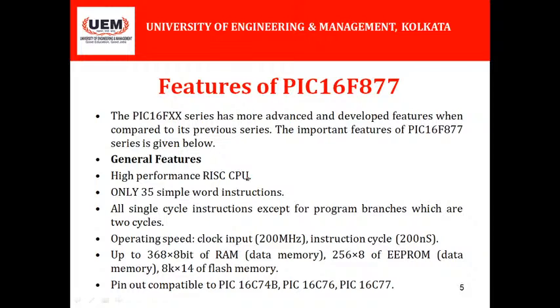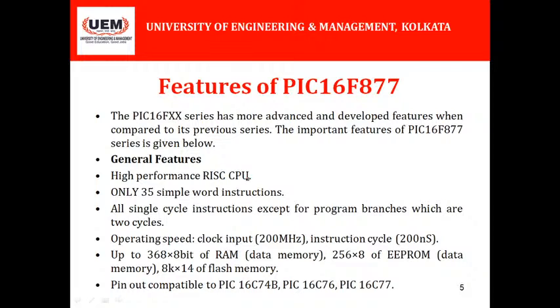Operating speed. It is very important to note the operating speed of any microprocessor or microcontroller. The operating speed decides the functionality and capability of any microcontroller. We are observing that the operating speed is 200 megahertz.